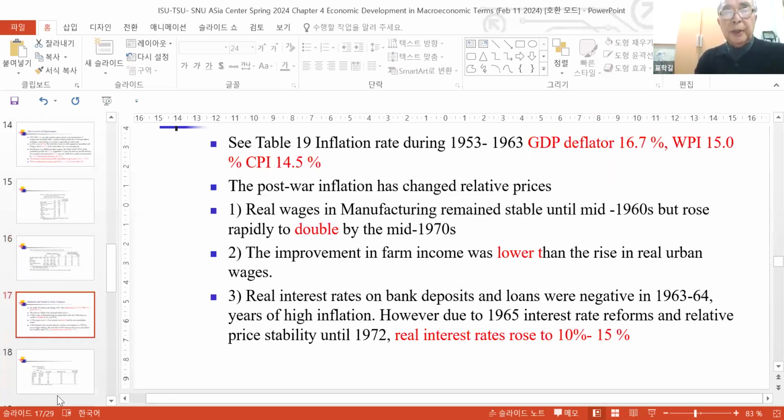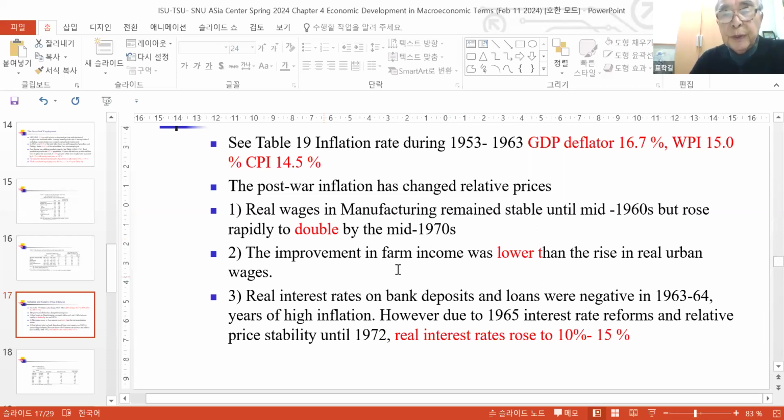See table 19, inflation rate during 1953-1963, GDP deflator 16.7%, WPI 15.0%, CPI 14.5%. The post-war inflation has changed relative prices. Real wages in manufacturing remained stable until the mid-1960s, but rose rapidly to double by the mid-1970s.